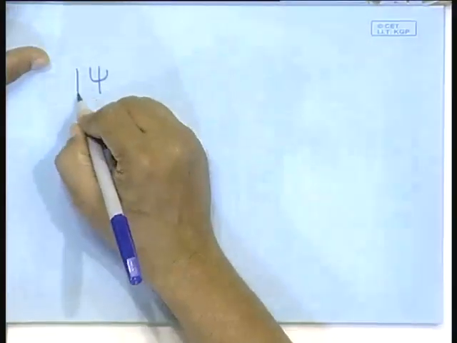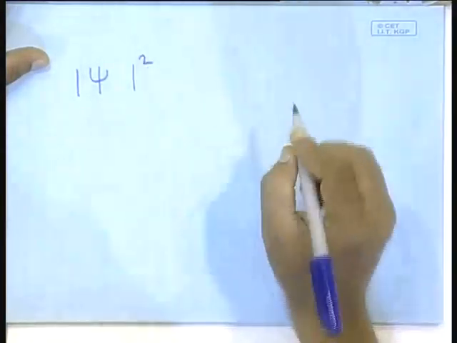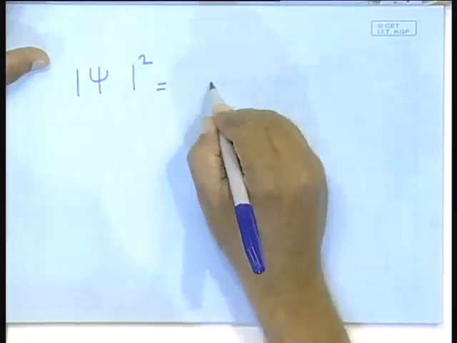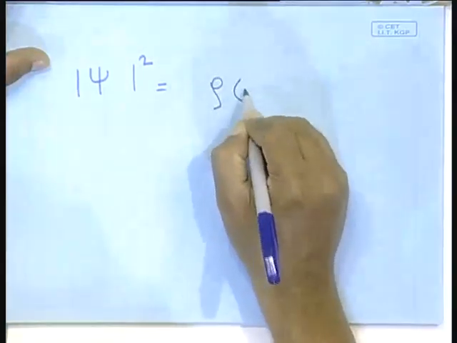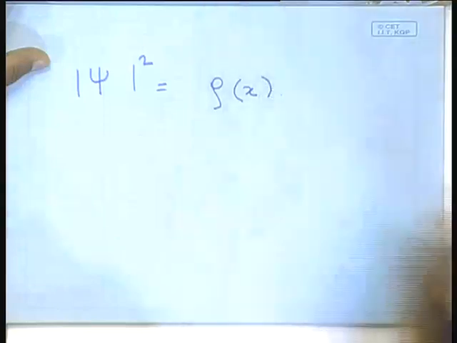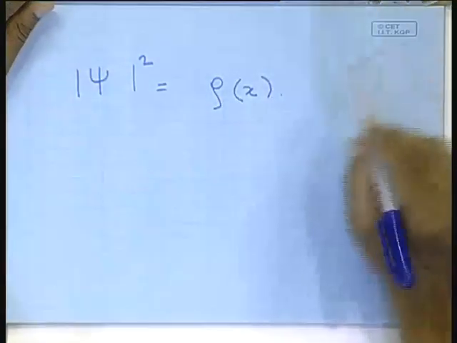The modulus square of this wave, the wave function psi, gives the probability density of finding the particle somewhere. This is what I told you in the last class.